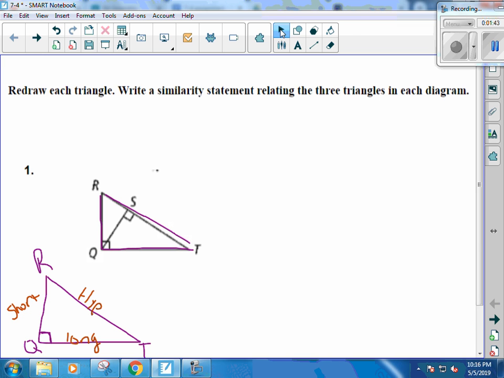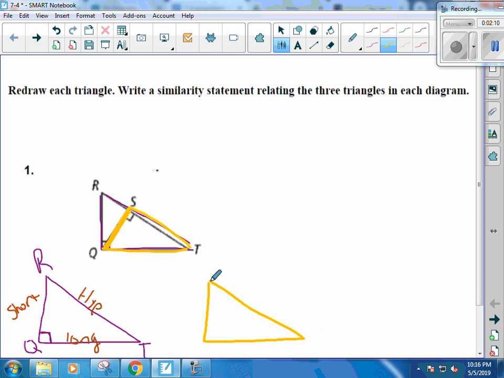Okay, so let's do the same thing now with the medium-sized triangle. It is this one that goes from Q to S and then over to T. When I look at it, I can tell QS is the shortest leg, so that's where I'm going to start. That way my 3 triangles all kind of match up.